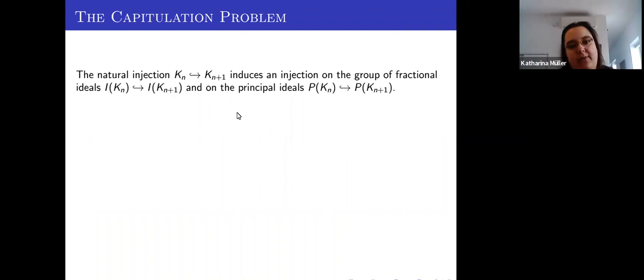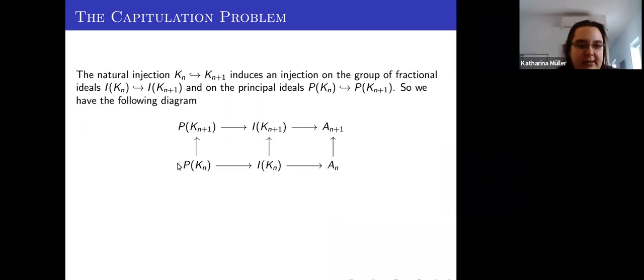So now I have all my basic definitions in place, and I can start to describe the capitulation problem. Of course, I have a natural injection of fields from K_n to K_{n+1}. And this induces an injection of the group of fractional ideals I of K_n to I of K_{n+1}, and on the principal ideals P of K_n to P of K_{n+1}.